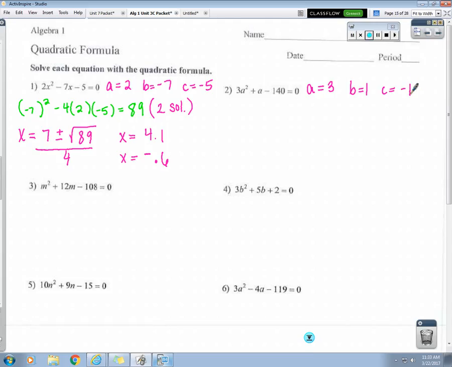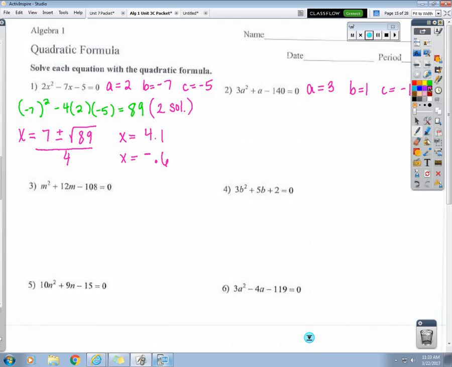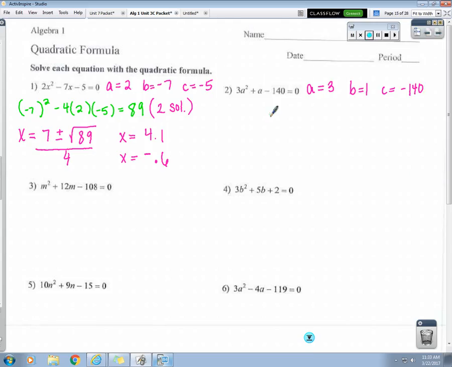Negative 140. You got to watch your signs. Then what do you do? Find the discriminant, which is b squared minus 4ac. Negative 140. Okay?